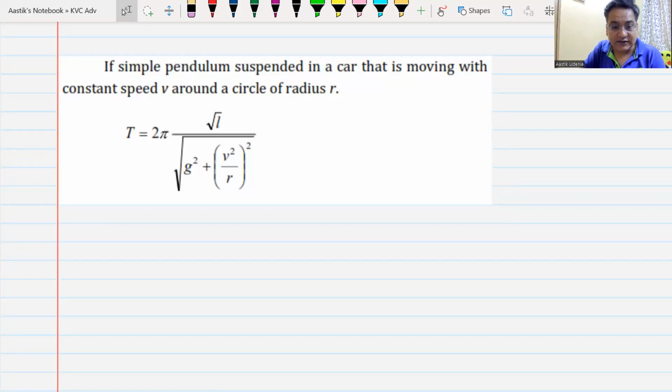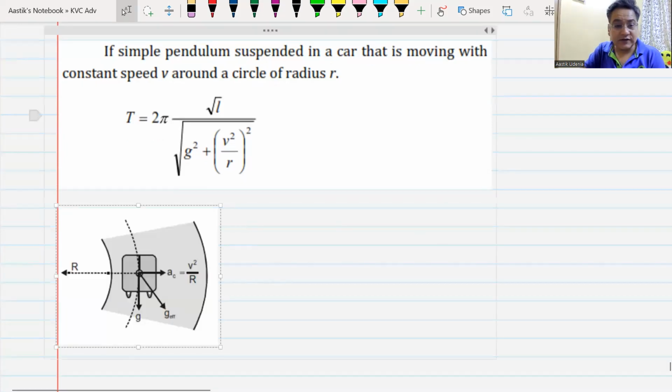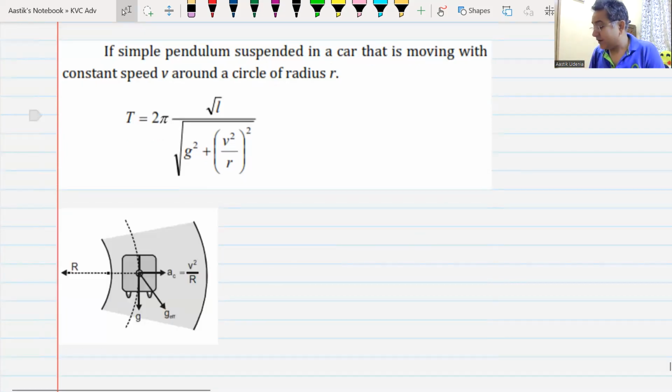Do we understand this? Yes or no? Yes, sir. In this case, the diagram looks like this, and we just have to find out the value of g effective, and the value of g effective will be the root of g squared plus (v squared by R) squared.